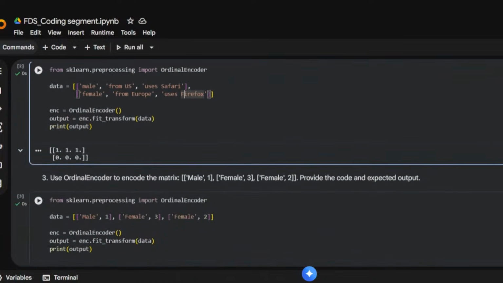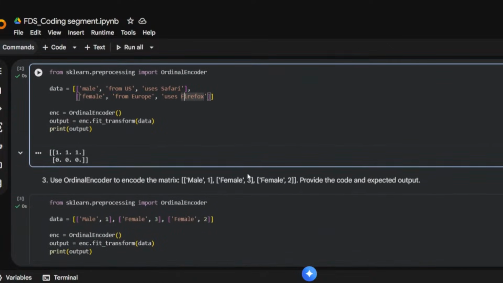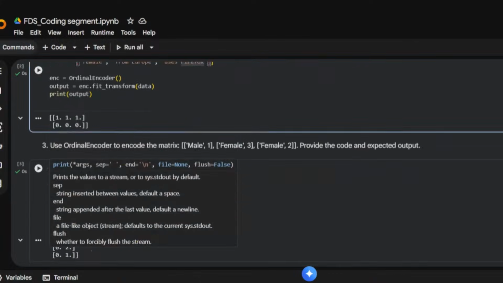Next, we'll use ordinal encoding in this particular matrix as well, where it's male 1, female 3, female 2. Where male, female, female is a column, 1, 3, 2 is a column. Now you have to provide the code. Again, same skeleton. You're importing the library, specifying data, taking the function, fitting and transforming the data, and printing the output.